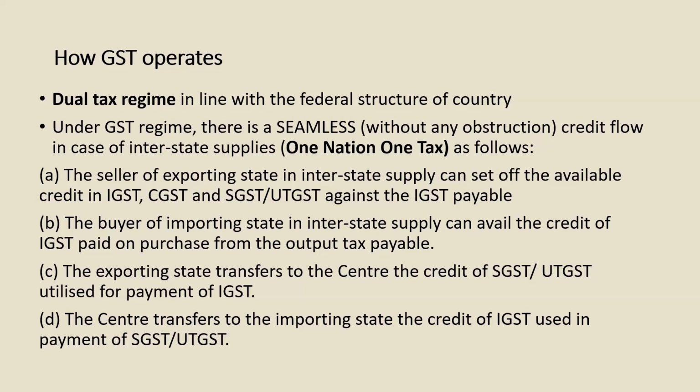Now the buyer, so he made the sale and he deposited. The buyer of the importing state, okay, when that buyer who has now purchased it at 120 rupees is making again a sale, then whatever he paid as the tax while purchasing, that particular buyer will be able to set it off against the sale from the output tax.